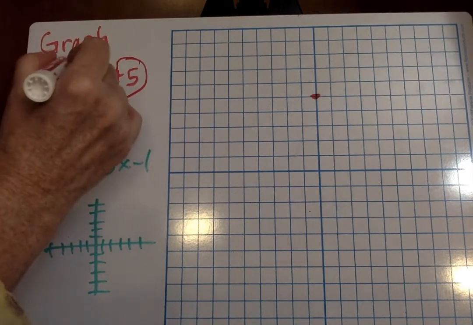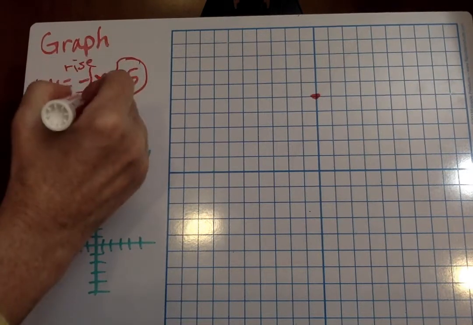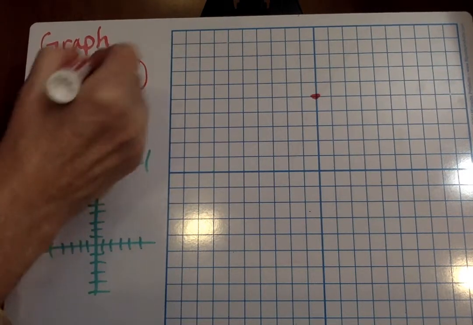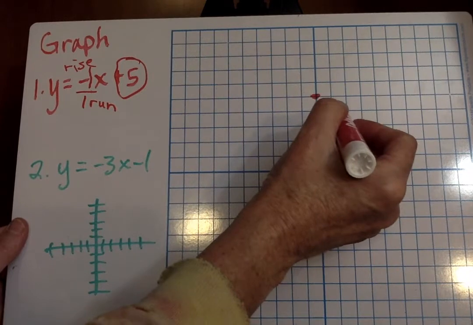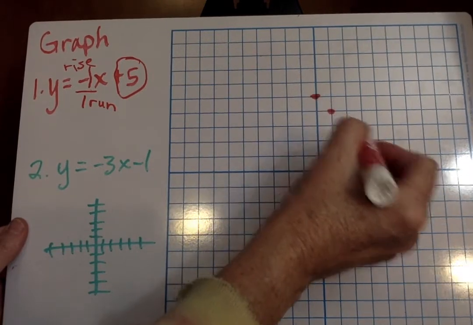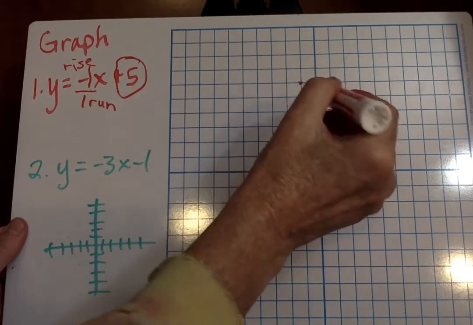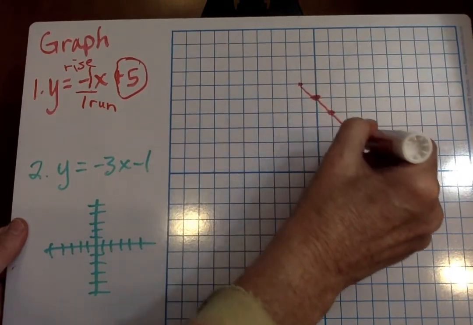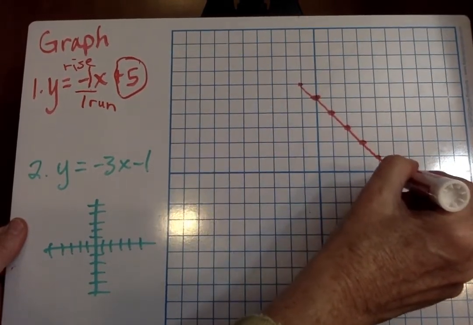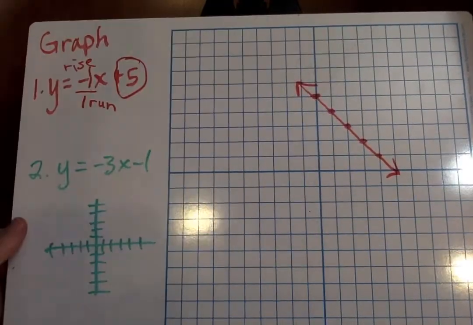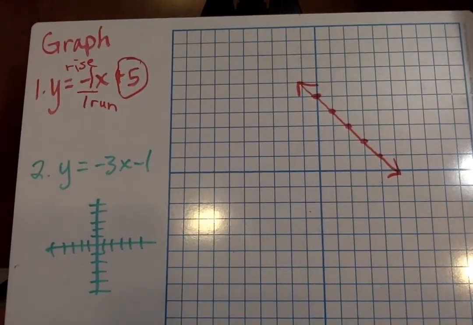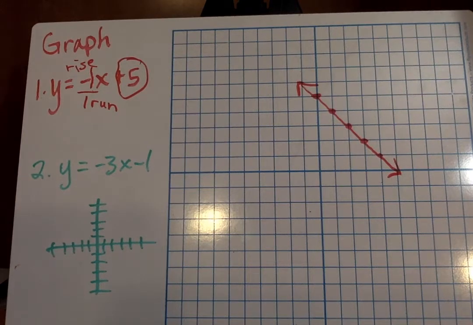So that means we're going to rise this many, and we're going to run this many. So rise negative 1, run 1. So we're going to graph that. And there you go. Done. Okay.